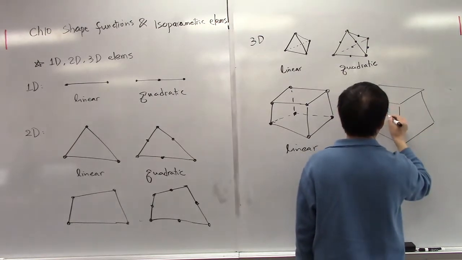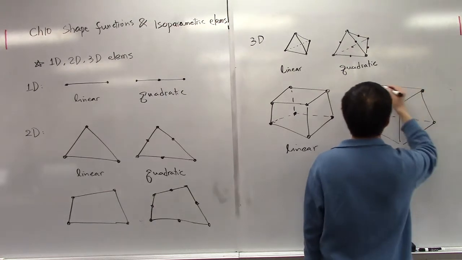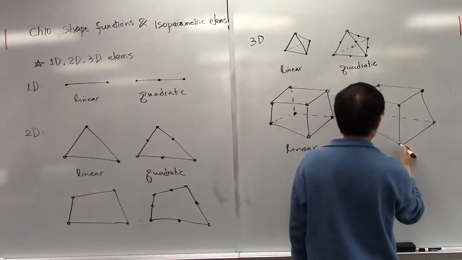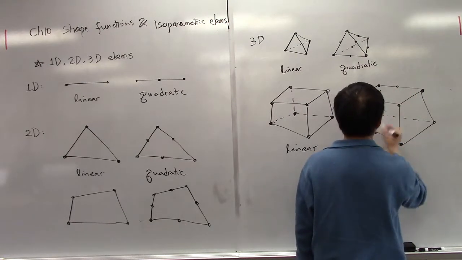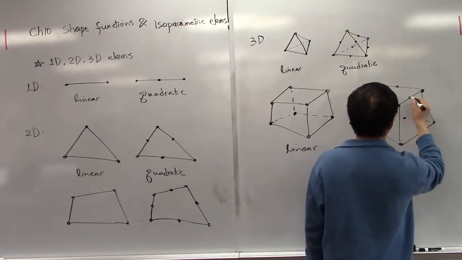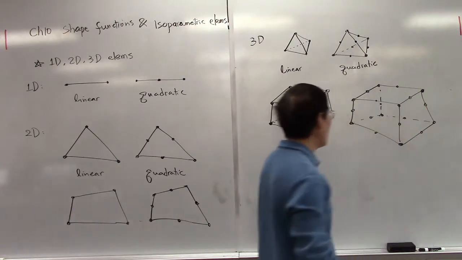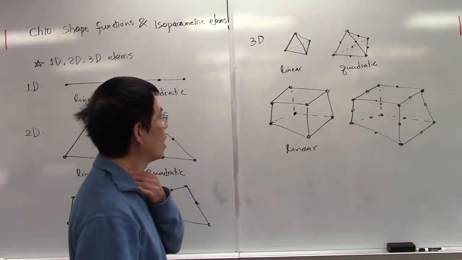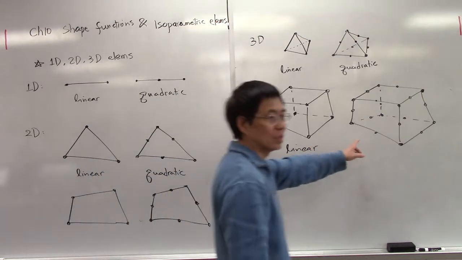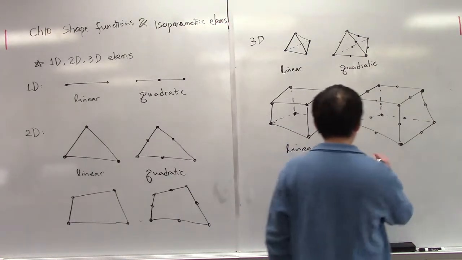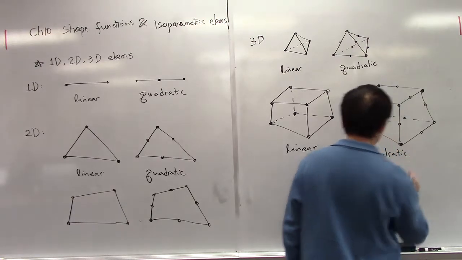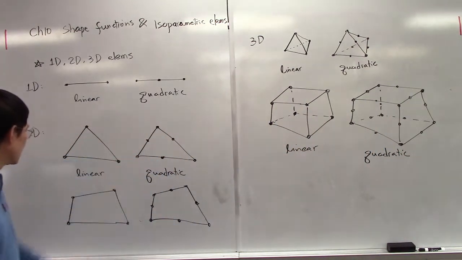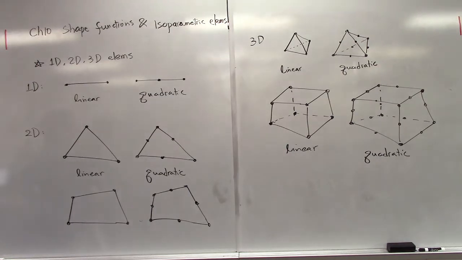So you have all these corner nodes, and then plus those mid-edge nodes. And if you count it, there will be, I believe, 20 nodes. This is a 20-node brick element, and again, the variation of the displacement is quadratic. When I write these orders, you need to be aware that when I say linear, it refers to displacement.